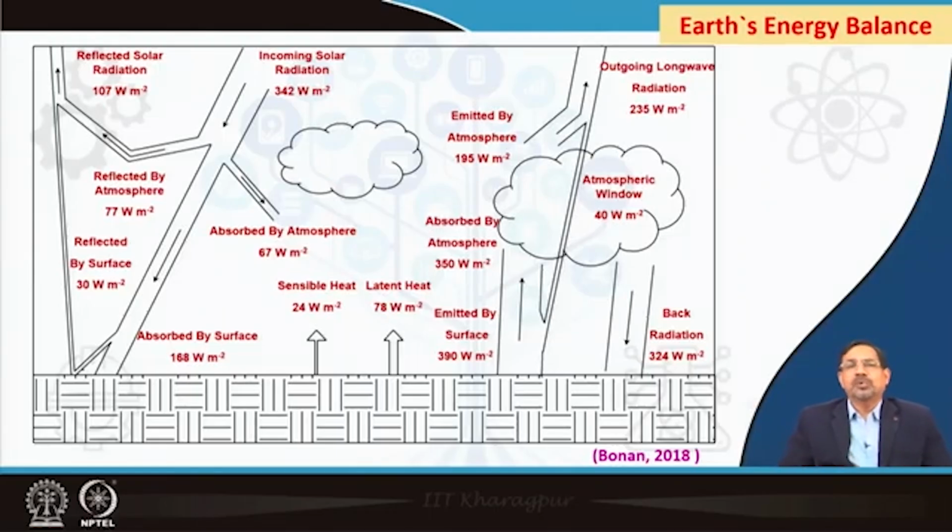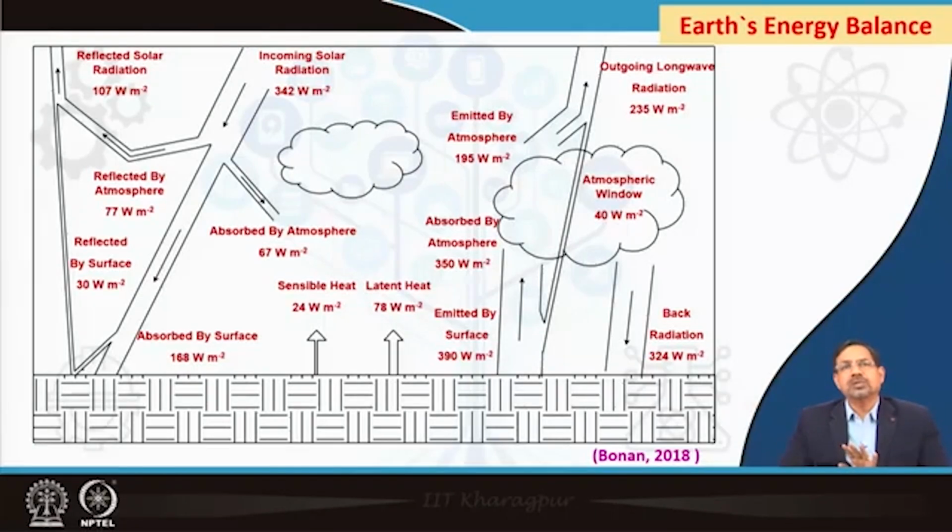Let us move to the next part, the outgoing longer wavelength radiation. The earth surface absorbs 168 watts per meter square, and through sensible heat and latent heat releases 24 and 78 watts per meter square. These are not the longer wavelength.